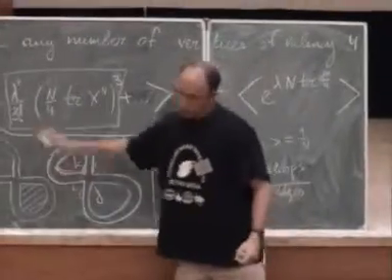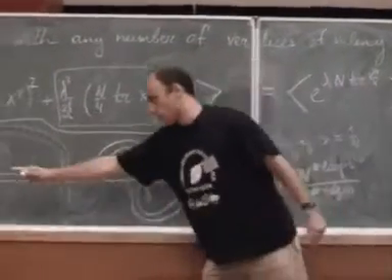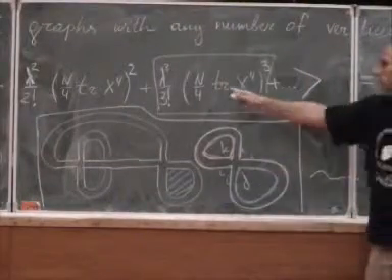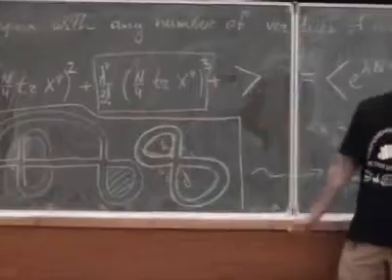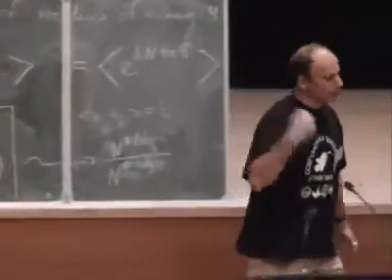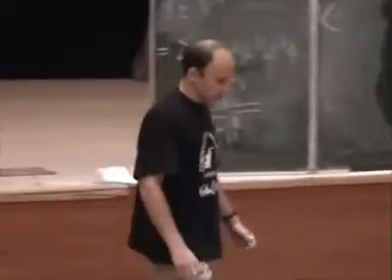And I divided by 3 factorial because I do not want to number the vertices. If I just take trace to the power 3, it would correspond to graphs with numbered vertices. And if I want to forget the numberings of the vertices, I should divide by 3 factorial.